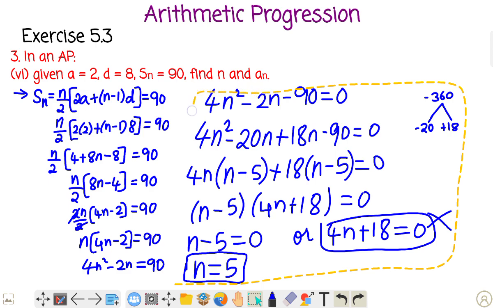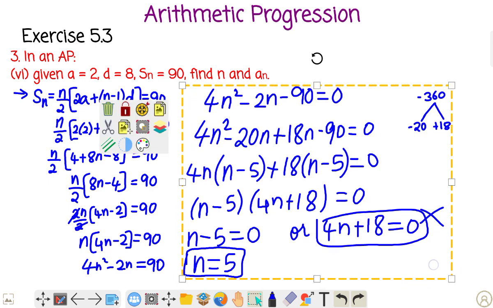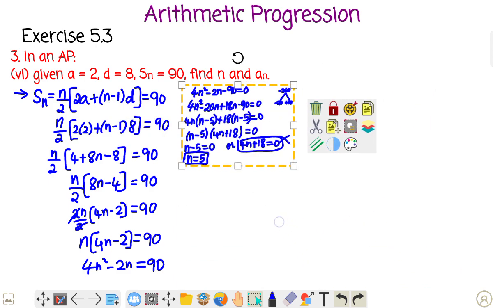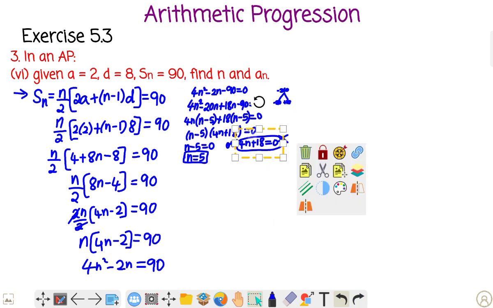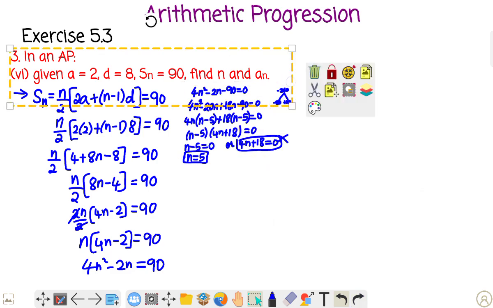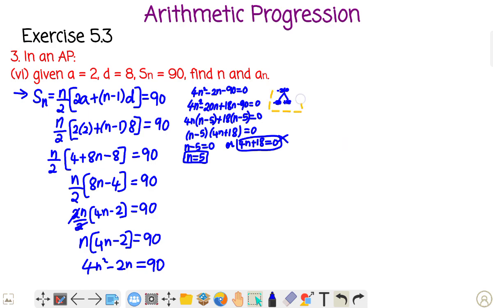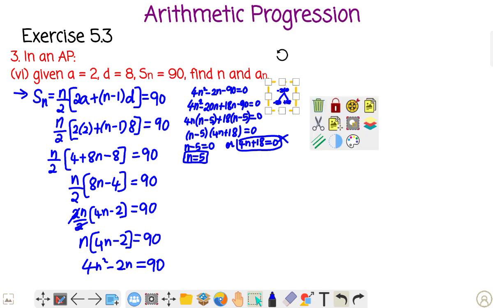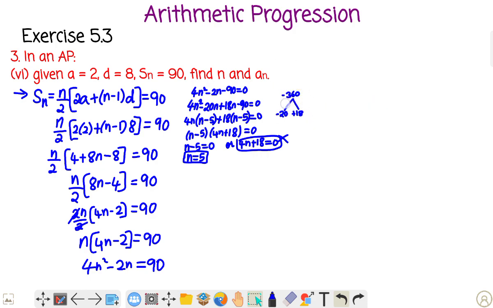So we got n value as 5. Now substitute in the an formula. An is equal to a plus n minus 1 into d.